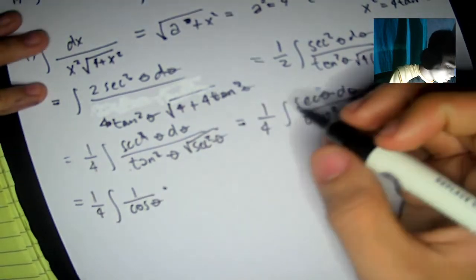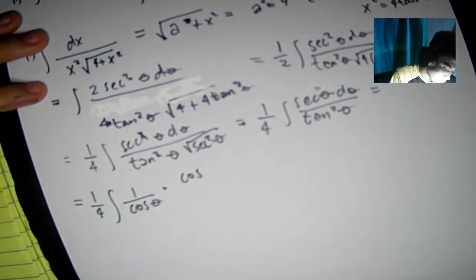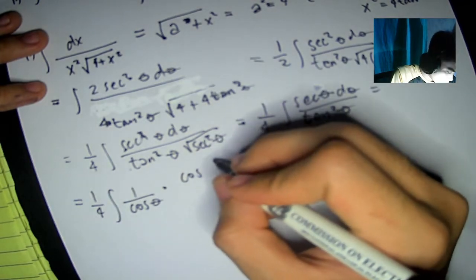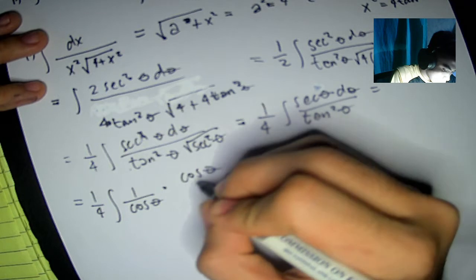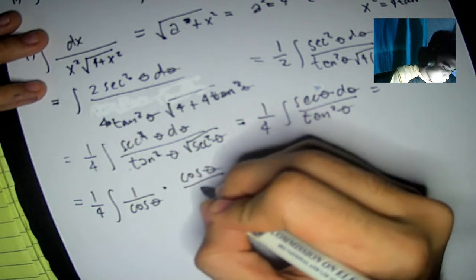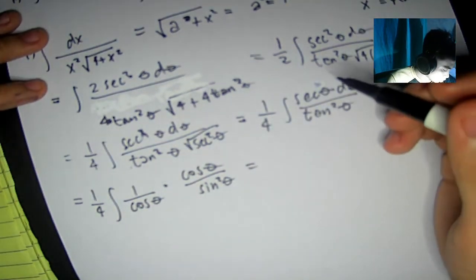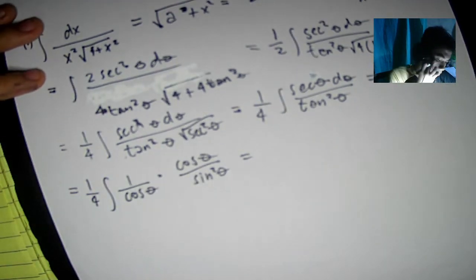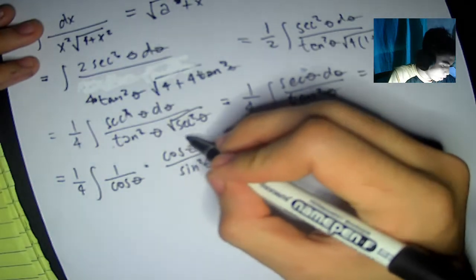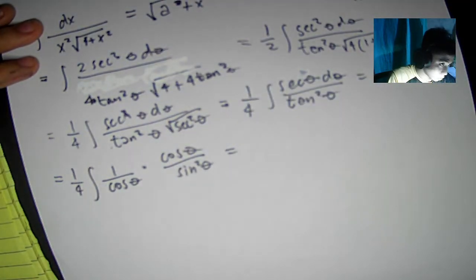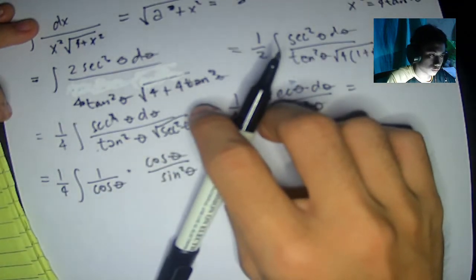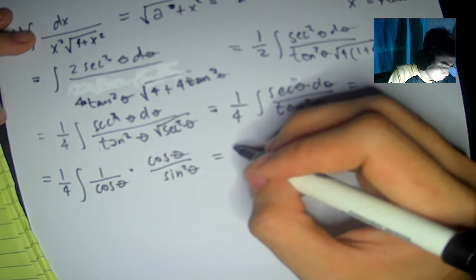So reciprocal of tangent is cosine theta over sine squared theta.